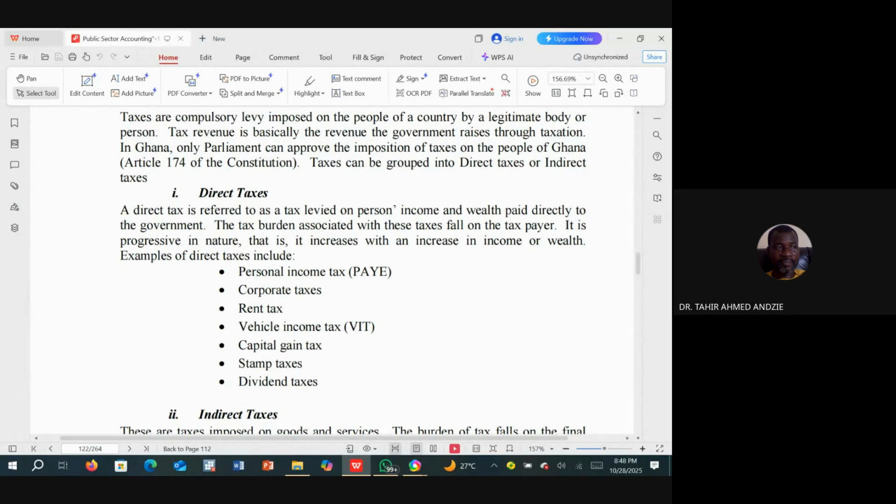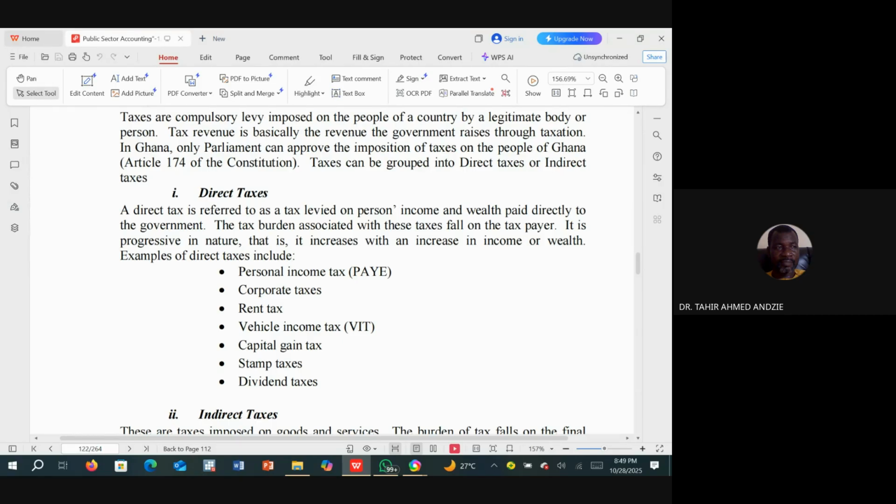So it is the taxpayer that feels the pinch of the tax payment, unlike the indirect tax, where the person paying does not feel the pinch, because at the end of the day, he's going to transfer it to another person. But for direct tax, it is the tax levied on people's income or wealth directly, and it is the people paying the tax that feel the incidence of the tax.